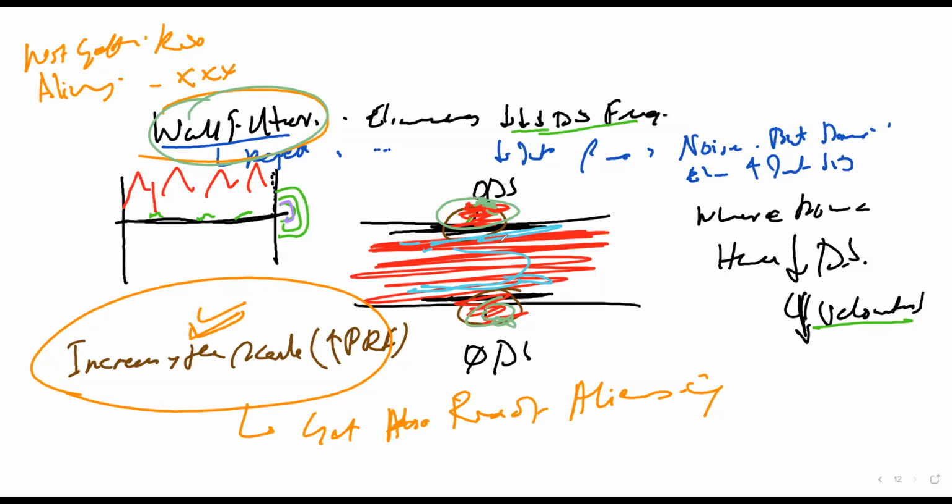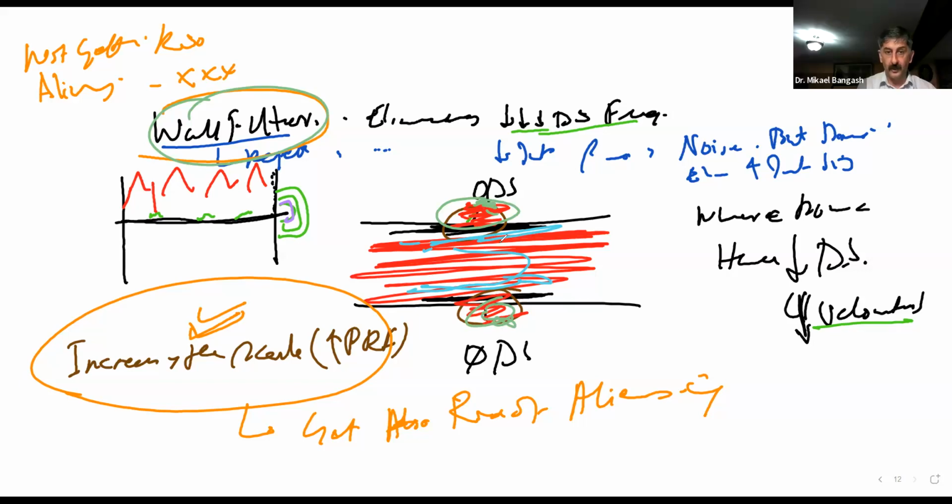Yes, it did. Whereas if you increase the scale, that increases your PRF, and it will get rid of the ghosting, because ghosting was low Doppler shift frequencies, but it will also get rid of the aliasing. Did that make sense?